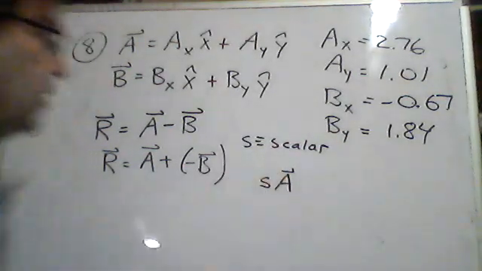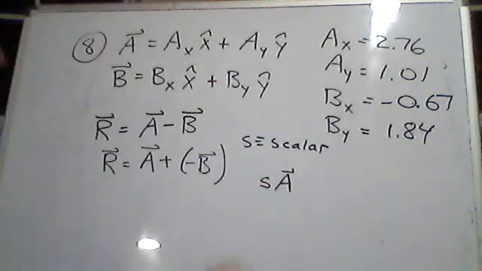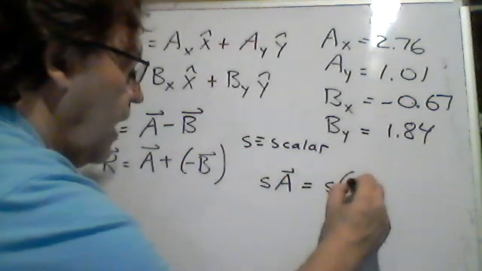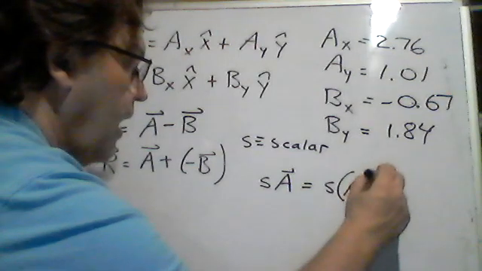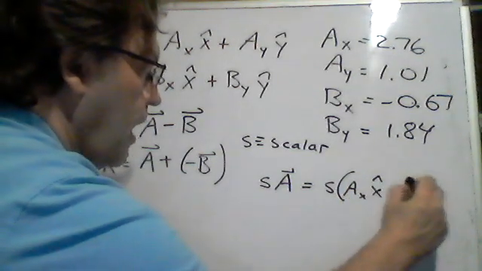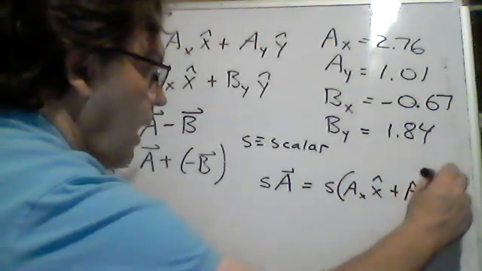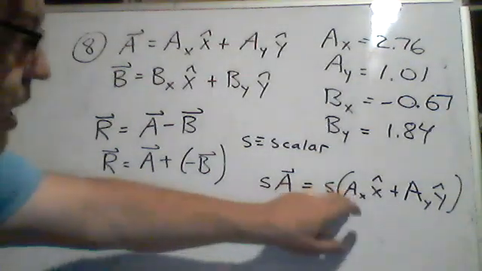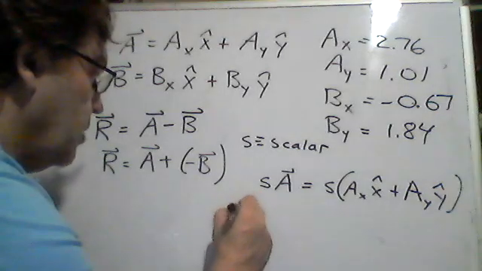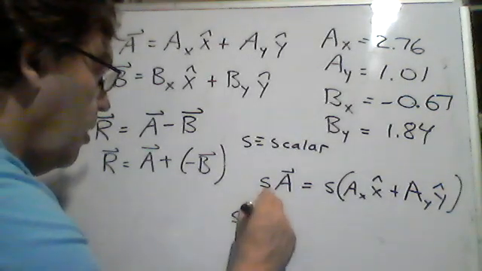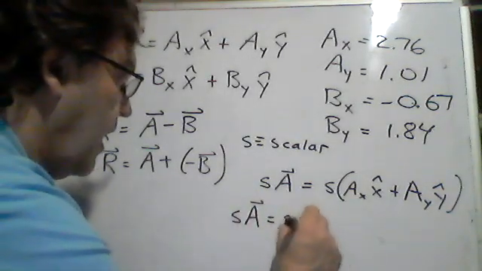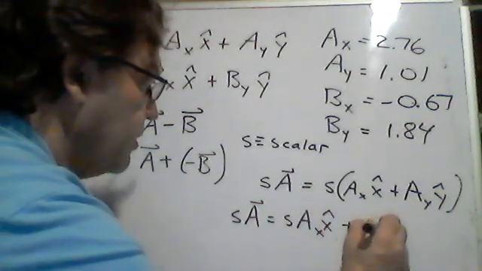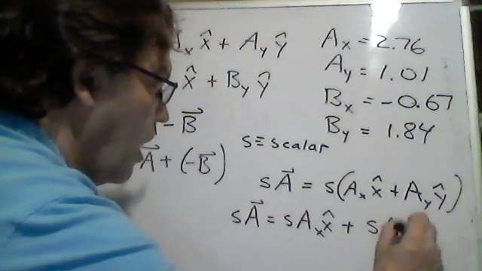I want to write S times the vector A. I know the vector A is A sub x, x hat, plus A sub y, y hat. So I distribute the number to each component. So S A will be S A sub x, x hat, plus S A sub y, y hat.